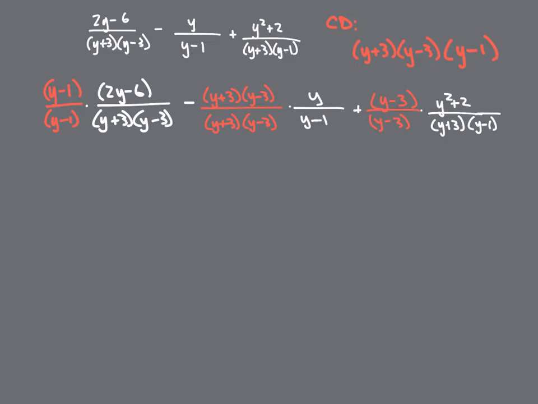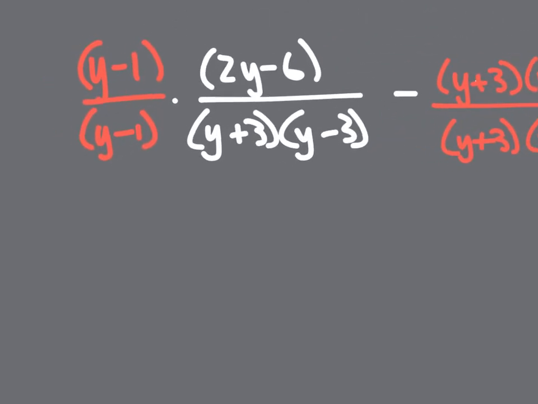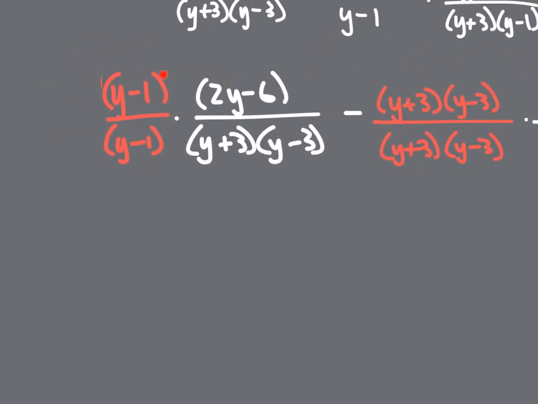Now, the tricky part at this point is that I'm going to multiply through my numerators, but I'm not going to multiply through my denominators. I'm going to keep my denominators the way they are. So I'm going to go ahead and distribute or FOIL, however you want to do that, what we've got here. So I've got y times 2y, which gives us 2y squared.